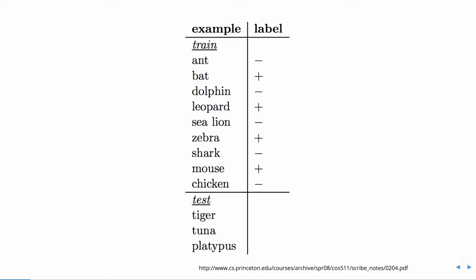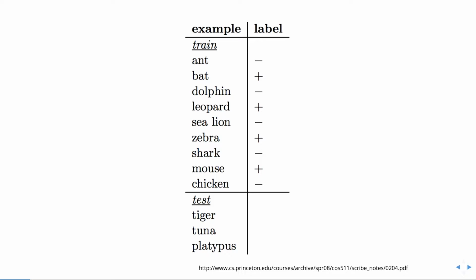So here's an example, a really small machine learning task. You can see the data is divided in two. We have some data, some examples, and some labels. And you see the data is divided in two parts: the training data and the test data.